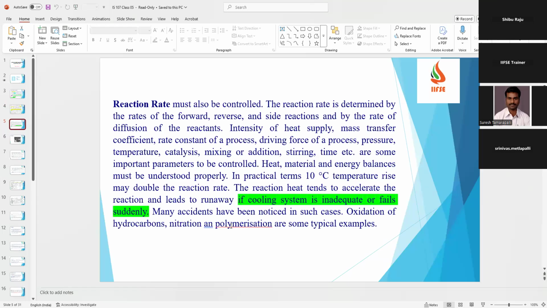Then intensity of heat supply, mass transfer coefficient, rate constant, pressure, and the driving force of the process: pressure, temperature, catalysis, mixing or addition, stirring time, etc. These are the various parameters we should consider when we are talking about the reaction rate.